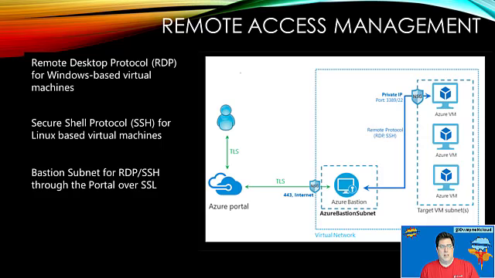This is strictly a point-to-point connection where you log in directly to your virtual machine through the Bastion subnet. There's no public exposure of any ports on that virtual machine, but it gives you the same experience you would get with RDP or SSH without opening those ports up to the internet. It then protects you from anybody scanning those ports and getting into your environment.